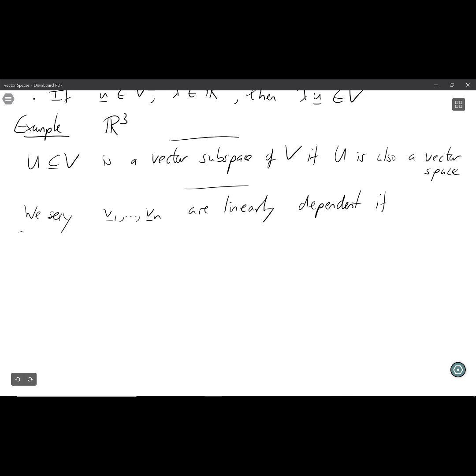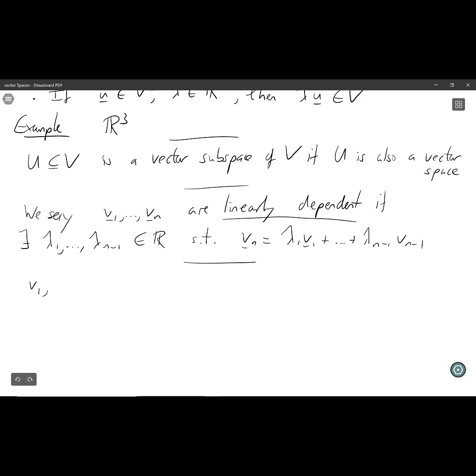So if there exist lambda 1 up to lambda n minus 1, say, real numbers, such that Vn can be written as lambda 1 times V1 plus lambda 2 times V2 up to lambda n minus 1 times Vn minus 1. So that's linearly dependent.